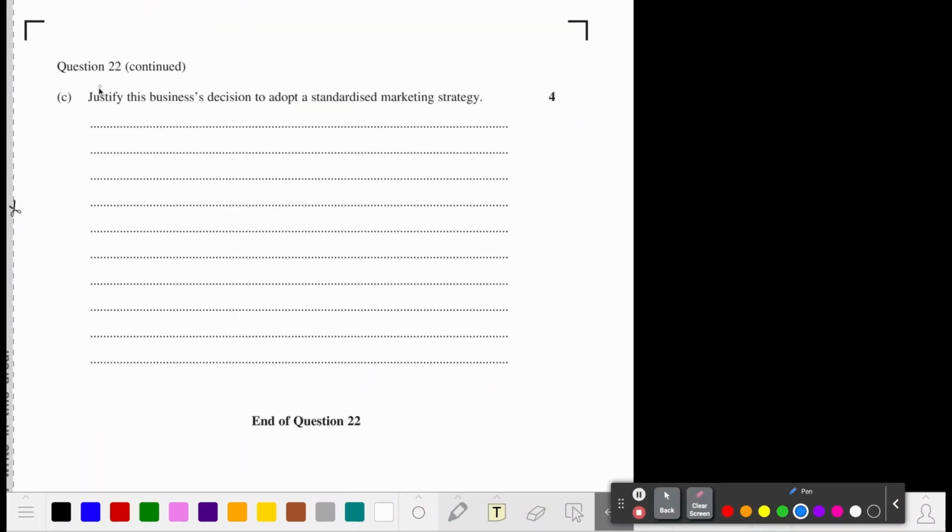The question here says, justify this business's decision to adopt a standardized marketing strategy. Again, a pretty interesting directive term here, justify, so we're trying to provide a basis for this decision. What I find interesting is it's not asking us to discuss.